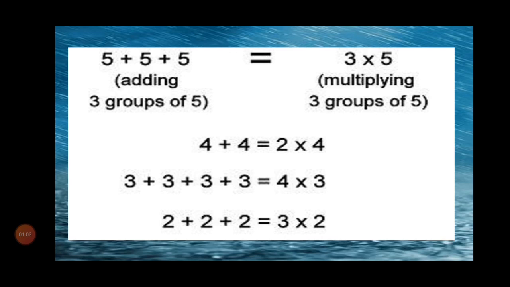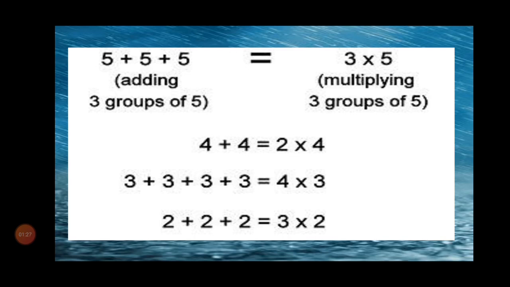And 3 examples are given below that. First one, 4 plus 4. Here 2 times of 4s are there, so we are converting into multiplication fact, 2 into 4. The next one, 3 plus 3 plus 3 plus 3 is equal to, how many times are 3s there on left? 4.